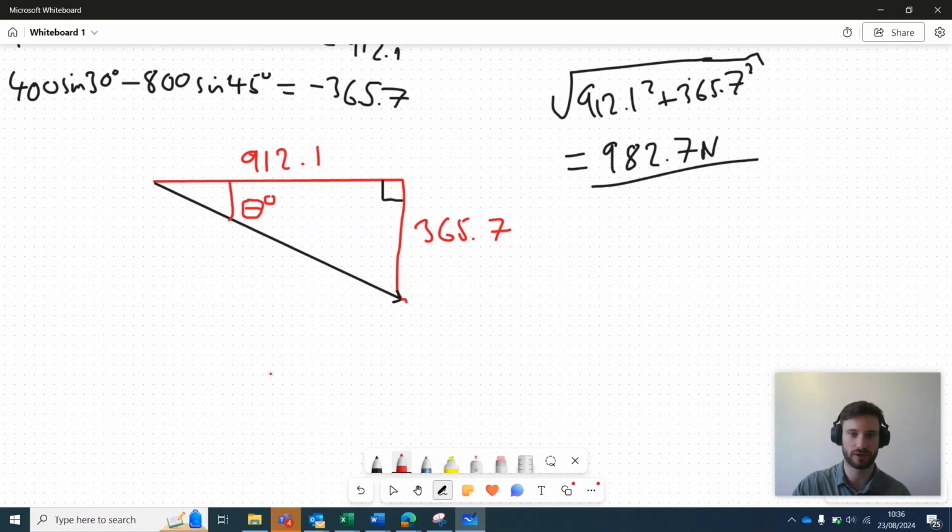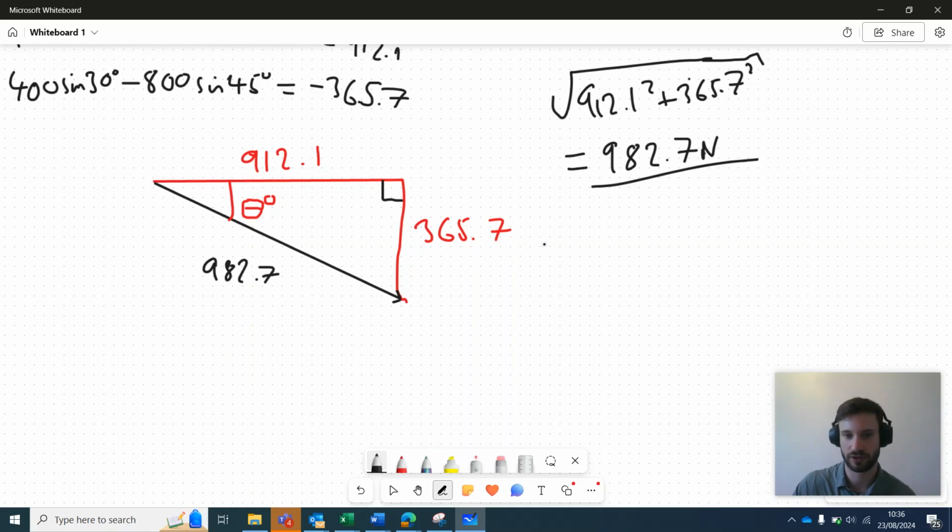How might I find that? Well, I've got all three sides to this triangle. I've got 912.1 is the adjacent, 365.7 is the opposite, and I've just calculated that 982.7 is the hypotenuse. I'm going to use tan.